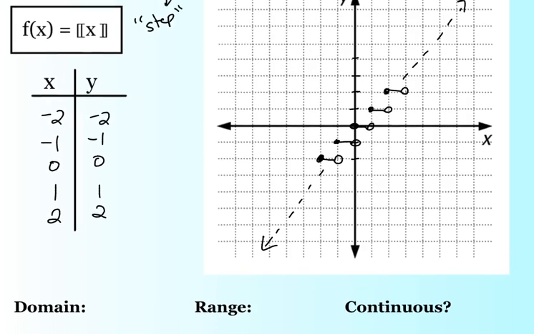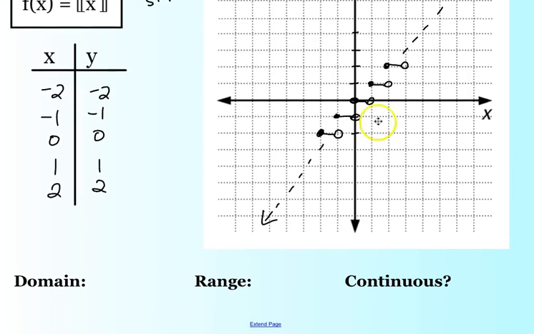Okay? So let's talk about the domain and range here. Domain, again, this isn't a continuous function, but the domain is still negative infinity to infinity. Every x value is accounted for. So if I'm here, now I'm jumping up at -1. Now I'm jumping up at 0 and so on. So the domain is negative infinity to infinity. It's the range that's a little tricky. Notice there's a lot of holes in the range here.